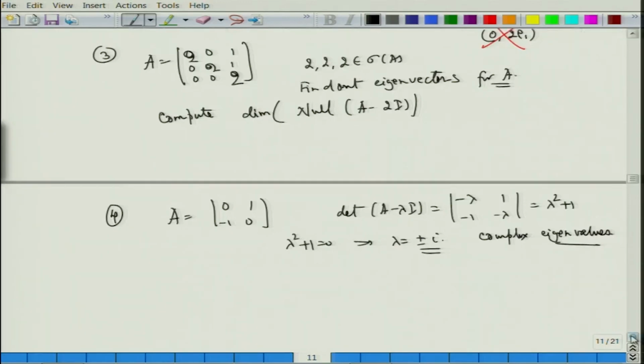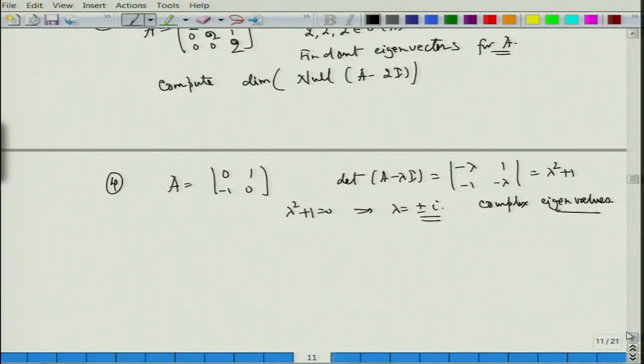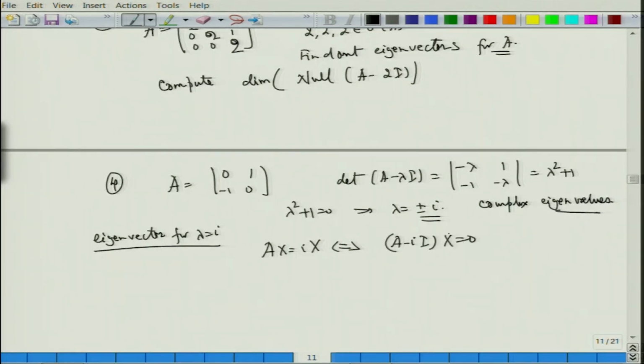What about the eigenvectors? Let us look at the eigenvectors for this. Eigenvector for lambda equal to i. Fine. So now looking at lambda equal to i, I have to solve Ax is equal to ix, which is same as solving (A minus iI)x is equal to 0.